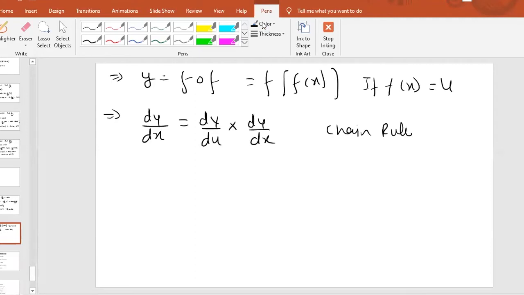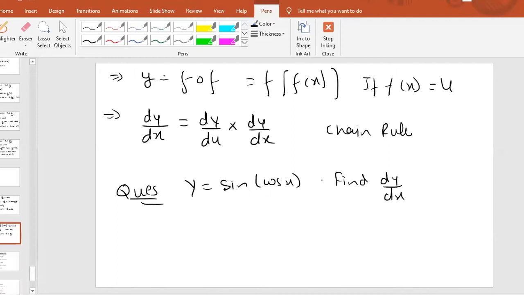Okay, one example I will give you of the chain rule: y equal to sine of cos x. Find dy by dx. Now, if you think about this, here cos x is not multiplied with sin x. Inside the sine function we have the cos function.